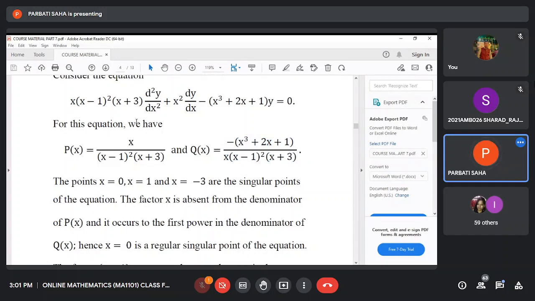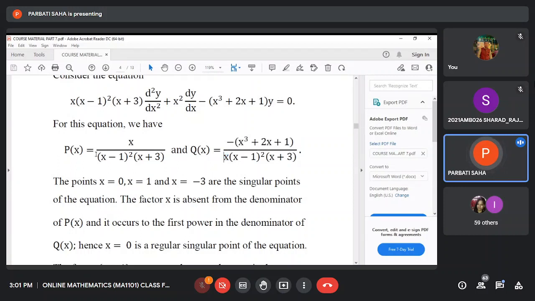Now what is the status of x equals 0? In this denominator, if we consider this factor x, here x to the power 0 is there. So the power of x is less than or equal to 1. And here the power of x is less than or equal to 2.